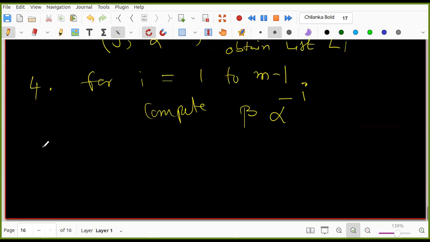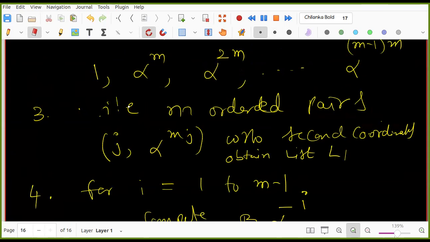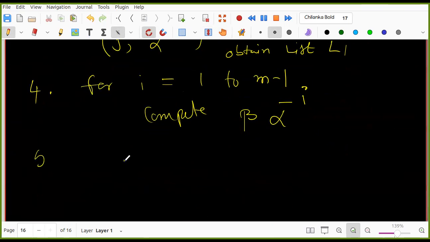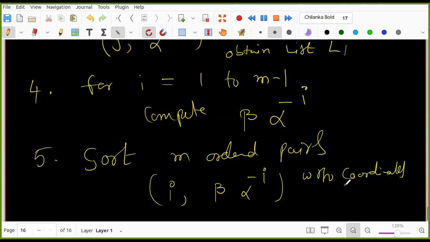Some textbooks will write minus mj here and put beta elsewhere, but don't worry about that; this is better. Then sort again: sort m ordered pairs, i comma beta times alpha power minus i, with respect to the second coordinates.